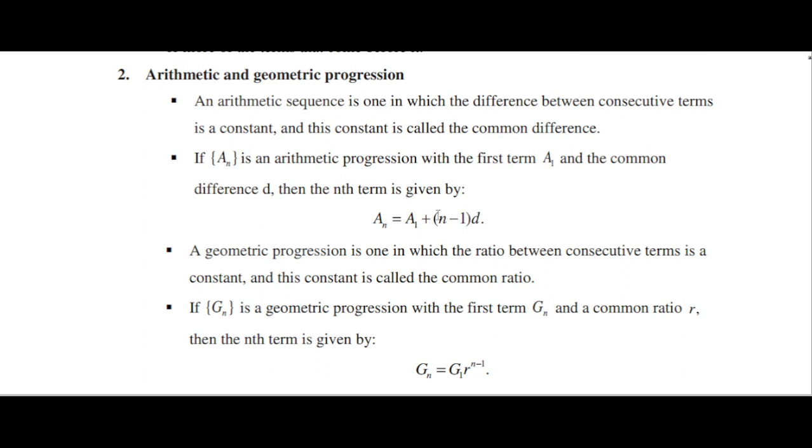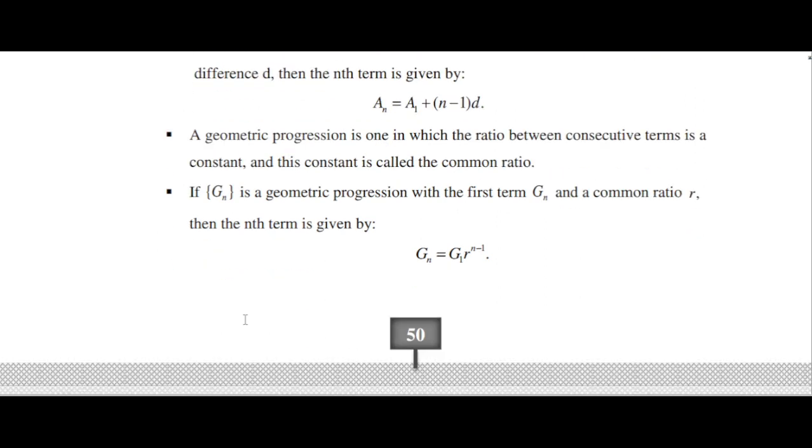Here d is the common difference, a1 the first term, and n the number of terms. Whereas a geometric progression is one in which the ratio between consecutive terms is a constant, called the common ratio. If G_n is a geometric progression with the first term G1 and the common ratio r, then the nth term is given by G_n equals G1 times r to the power of n minus 1. This is the nth term formula for a geometric sequence.